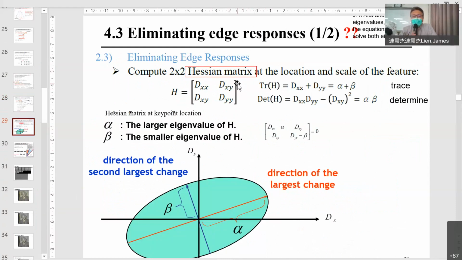See, we always talk about eigen. Eigen is very important. Eigenvector and eigenvalue are not only used to find the optimization minima or maxima, or to use SVD. Here we can use eigen to find the corner points.